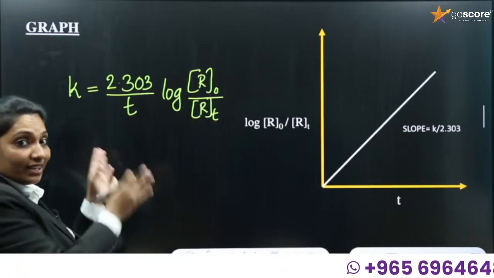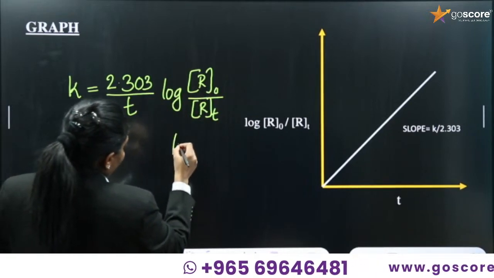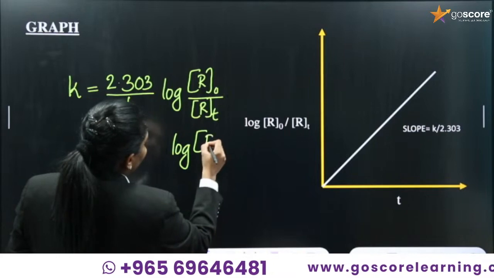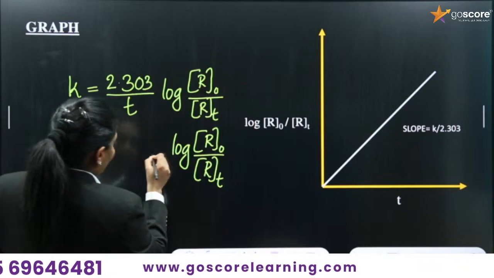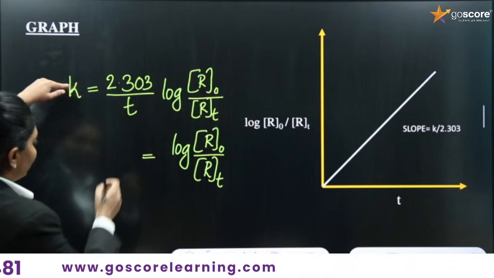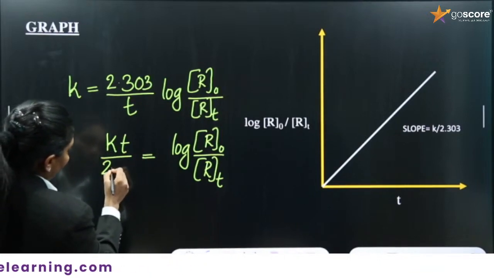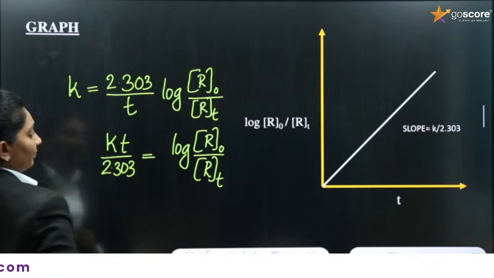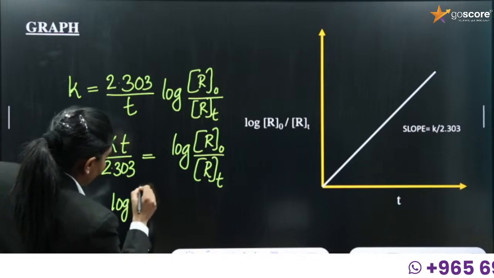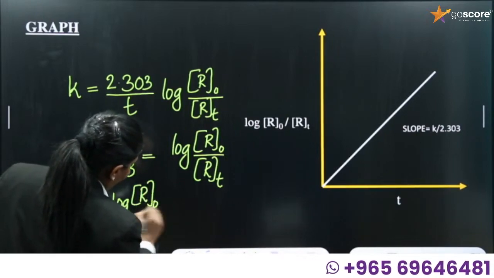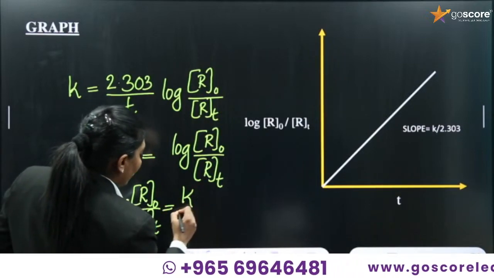Now, I am just rewriting this equation, keeping log r0 by rt here. Log r0 by rt is equal to k into t by 2.303. Isn't it? So I can rewrite it as log r0 by rt is equal to k by 2.303 into t.